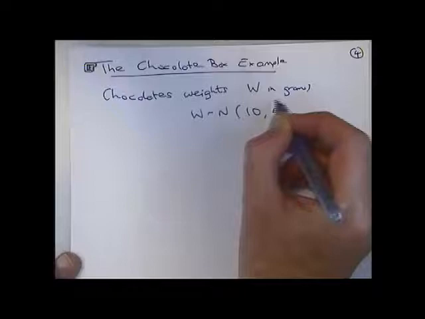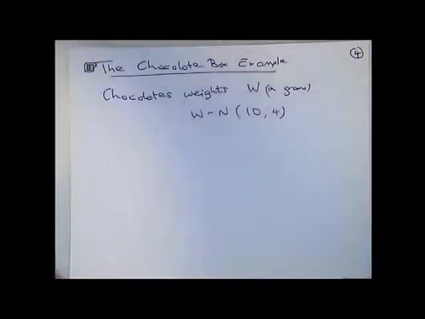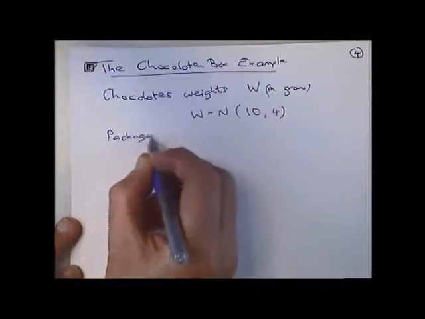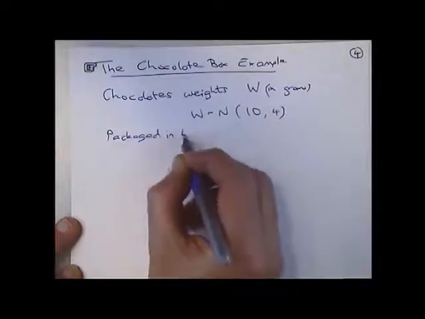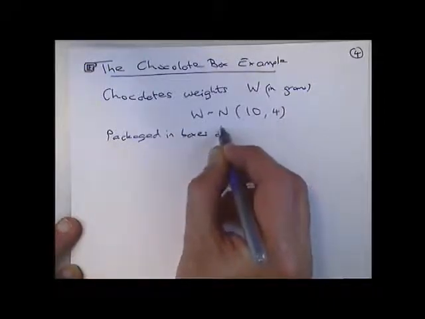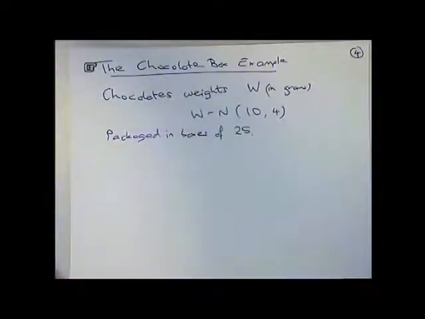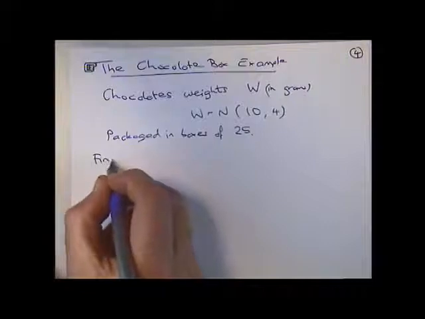We're not having chocolates that are weighing 10 kilograms on average each. So that's in grams. And these chocolates are packaged in boxes of 25. So there are 25 chocolates to a box. We're ignoring any weight of the packaging itself at the moment. And we're going to try and answer 3 questions.